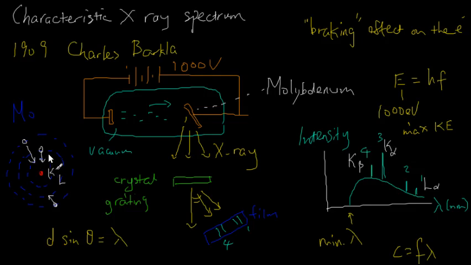The alpha refers to this transition, and beta refers to that transition.